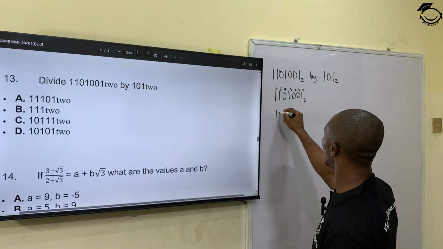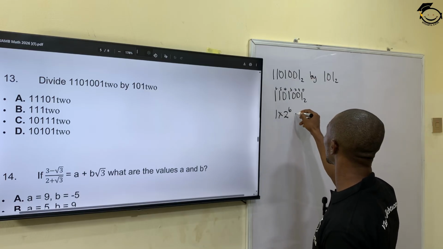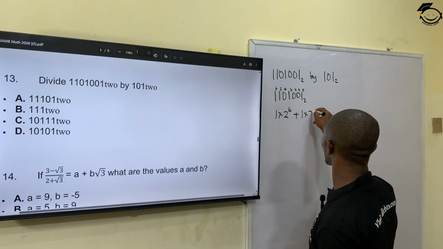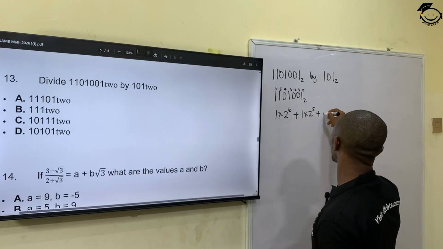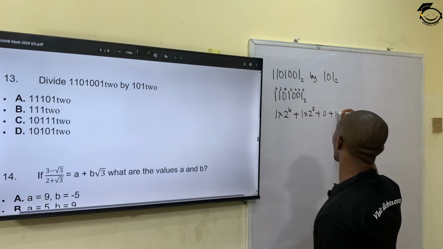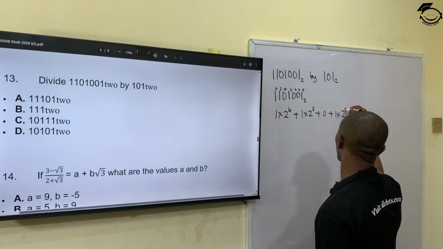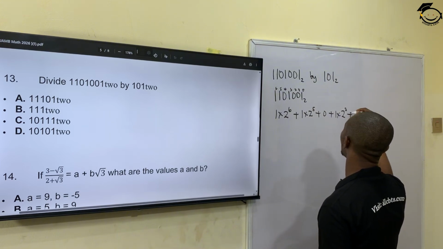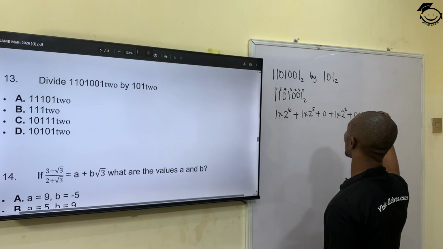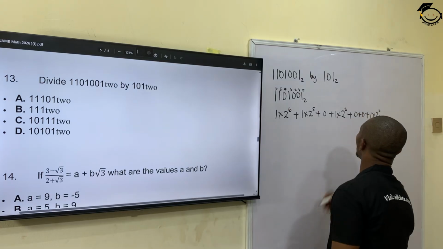So this will be 1 times 2 raised to the power 6 plus 1 times 2 raised to the power 5 plus 0 plus 1 times 2 raised to the power 3 plus 0 plus 0 plus 1 times 2 raised to the power 0.